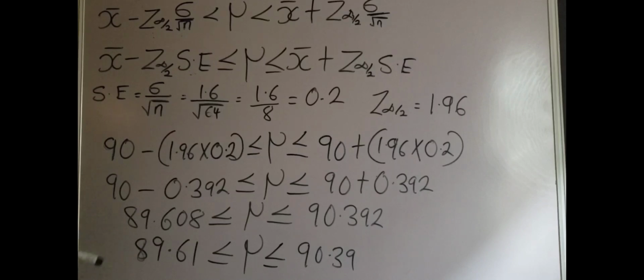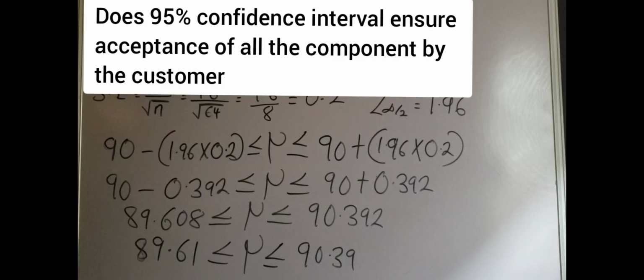Now how do we interpret this question? Don't forget that the question says, does the 95% confidence interval for the mean length of all the components ensure acceptance by the customer? Do you know the meaning of that statement? That is, will the customer accept the mean length at the 95% confidence interval?